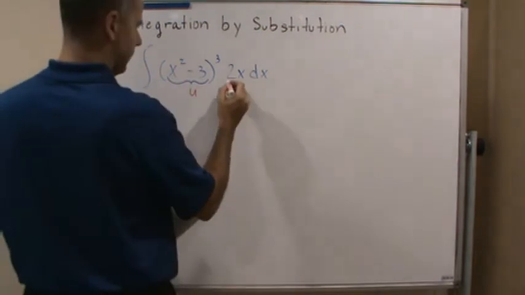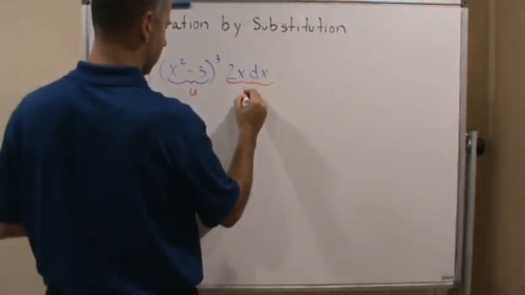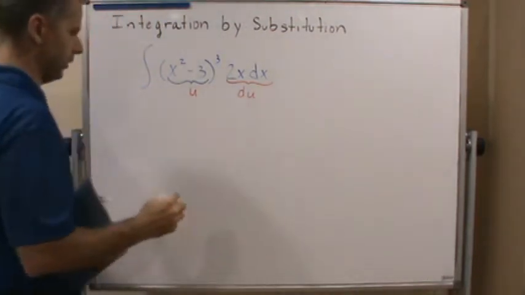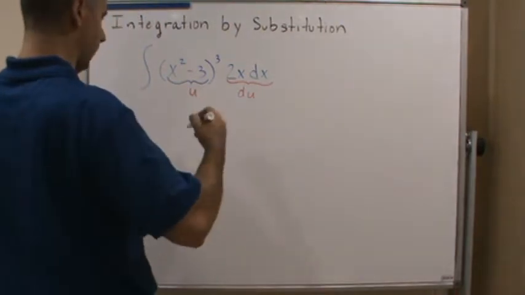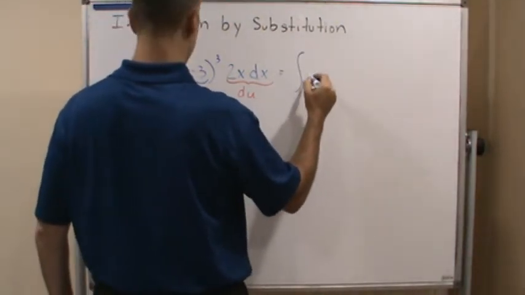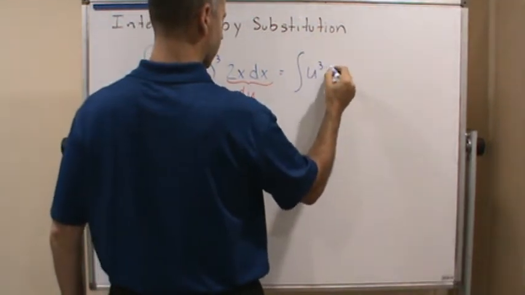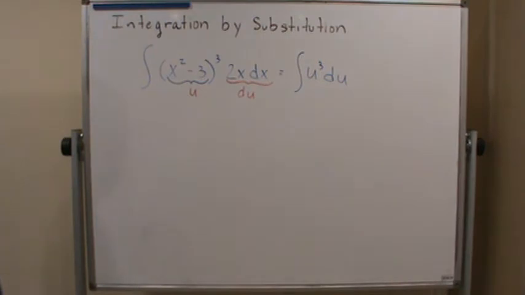And so then this here is going to be our du. And so we can rewrite this as the integral of u cubed du.